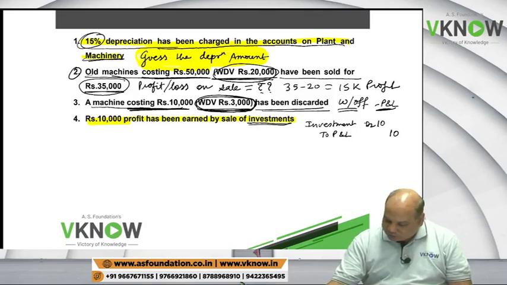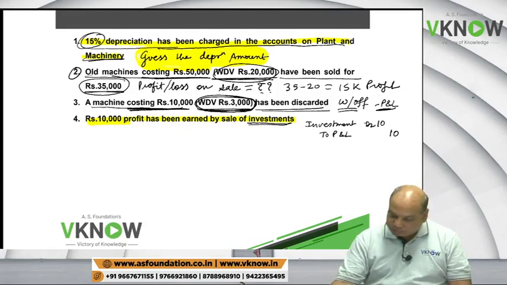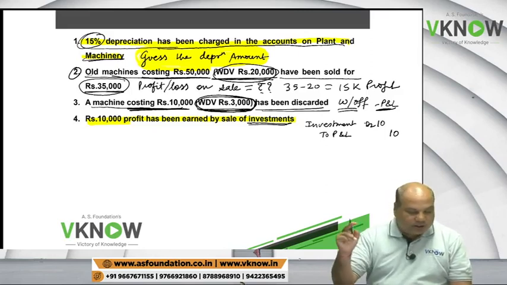Tick mark investment account. We have to prepare investment account to find out exactly how much was the profit. On the asset side, tick mark plant and machinery, tick mark investment.